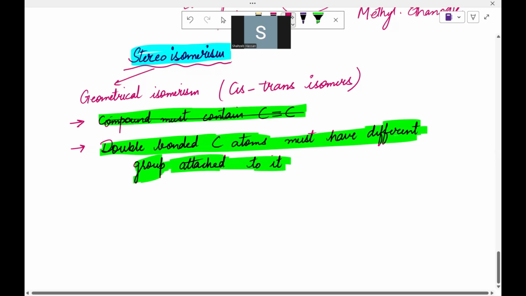Okay. So now, there's an example which has a carbon-carbon double bond. Here we have H, here we have Cl, and here we have H, and here we have Cl. So you can see the first condition is fulfilled, that it has a carbon-carbon double bond. And the second condition is also fulfilled, that it has different atoms attached to carbon. You can see it is H and it is Cl.